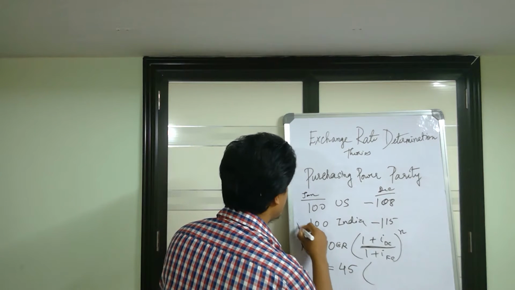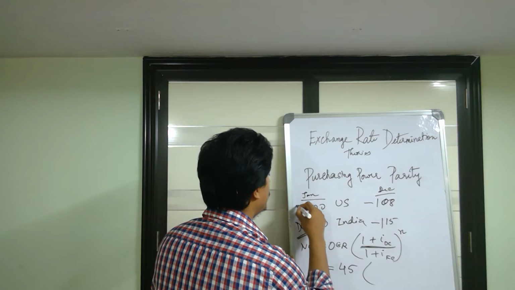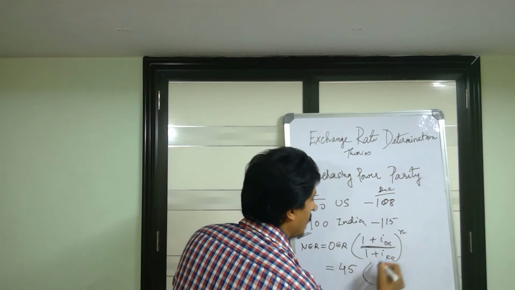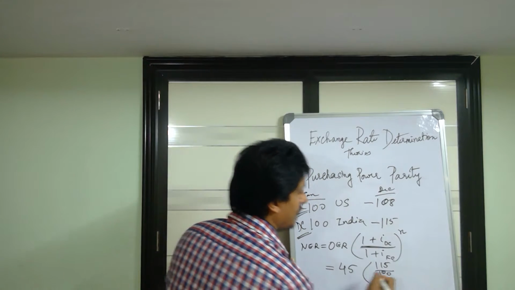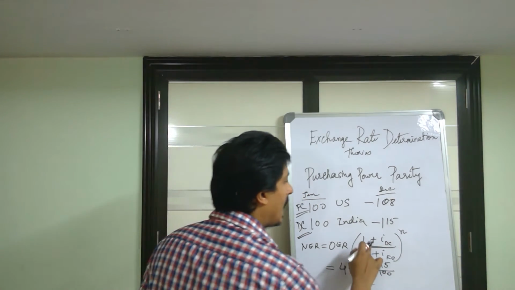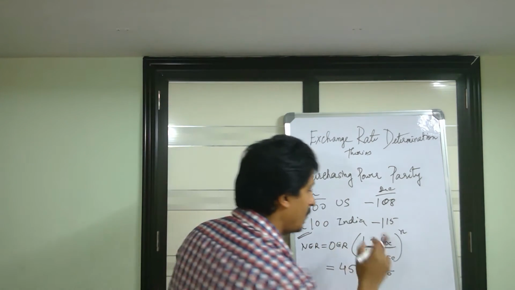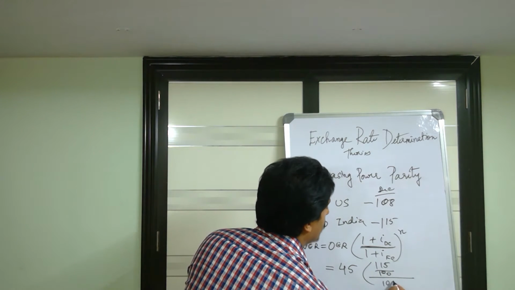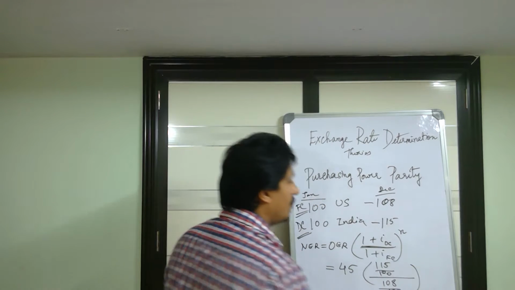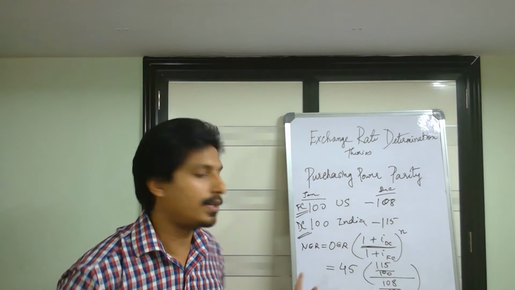Domestic is India for us, and this is the foreign country. 115 divided by 100 gives us 1 plus I for the domestic country, whole divided by 108 divided by 100, which gives 1 plus I for the foreign country.